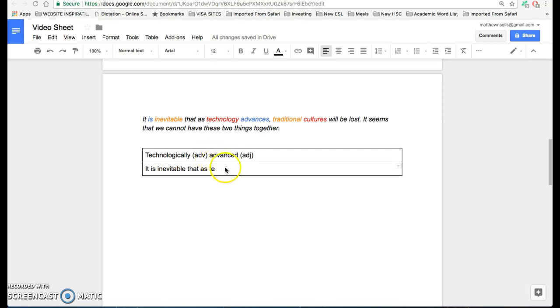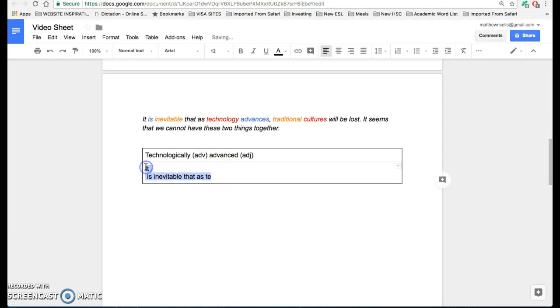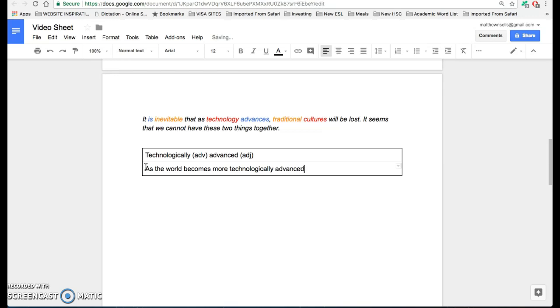So technologically advanced. So what is going to be technologically advanced? How about the world? So I realize that that might actually get me into trouble. So I'm going to take that off. I'm going to go, as the world becomes more technologically advanced, it is inevitable. So I have to put over there.